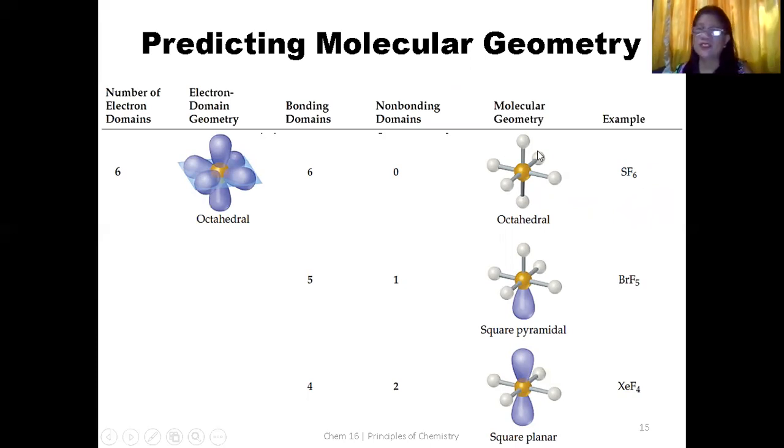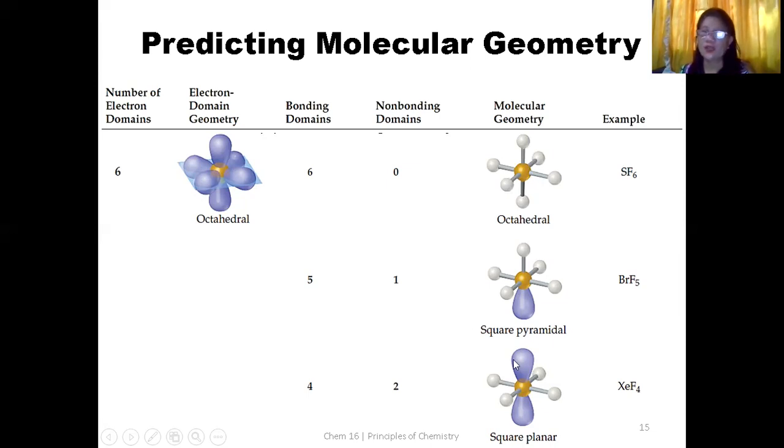Okay, so this is the octahedral. Ang octahedral naa ay upat ka equatorial ug duha ka axial. So, ang bonding domains niya is duha sa axial ug upat sa equatorial. So, there will be 6. And there is no non-bonding domains. That is SF6.